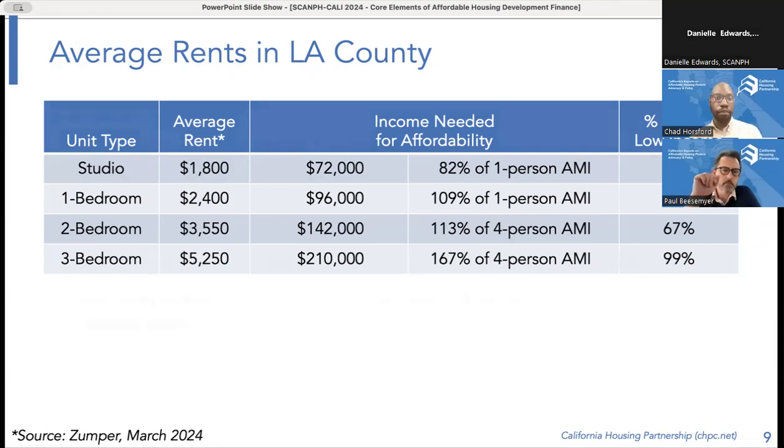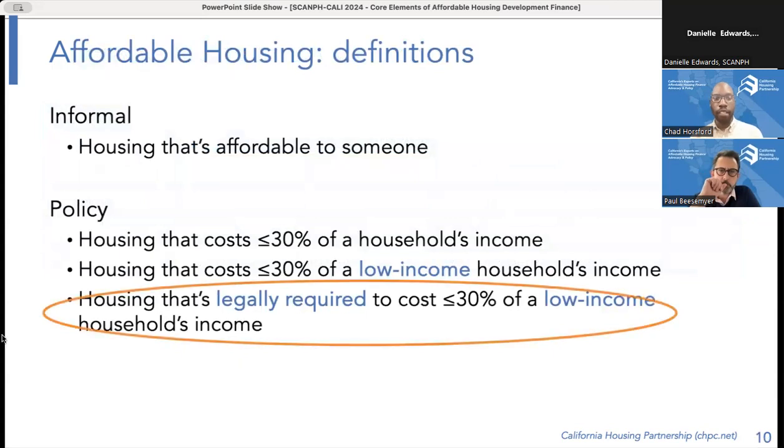And that's by and large why we focus on this last piece of housing that's legally required to cost no more than 30% of a low income household's income, because that's where there's a lot of need.